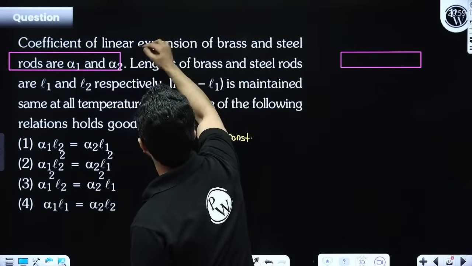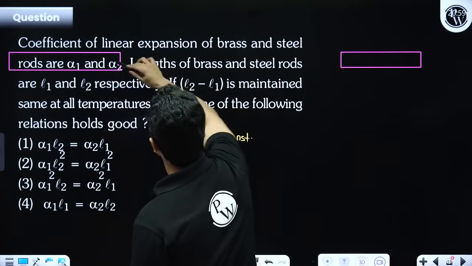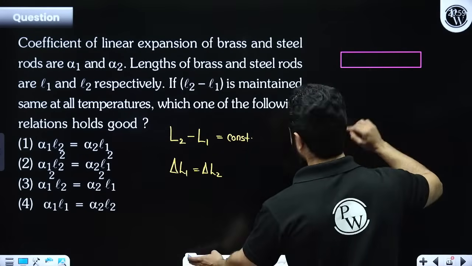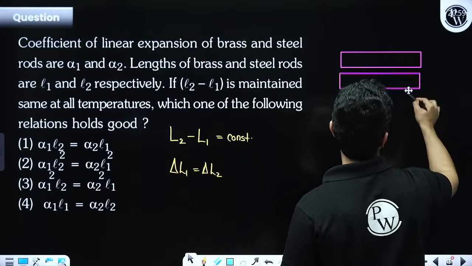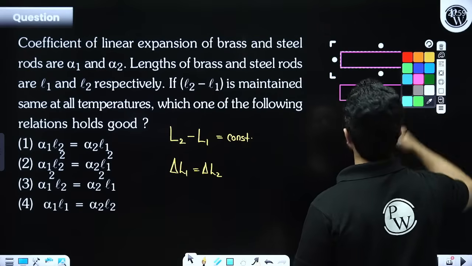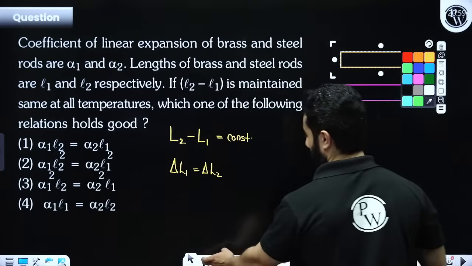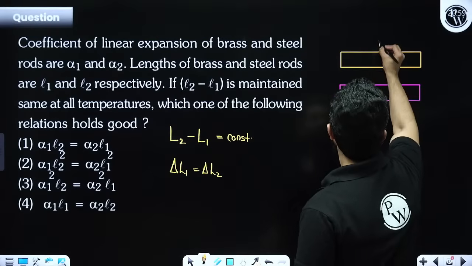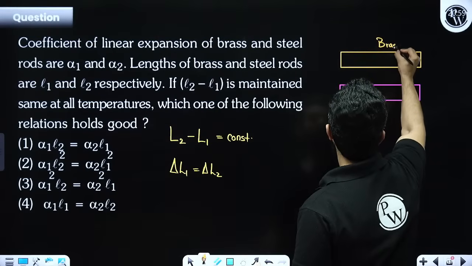Let's suppose we have two rods, one of brass and another of steel. This one is of brass and this one is of steel.